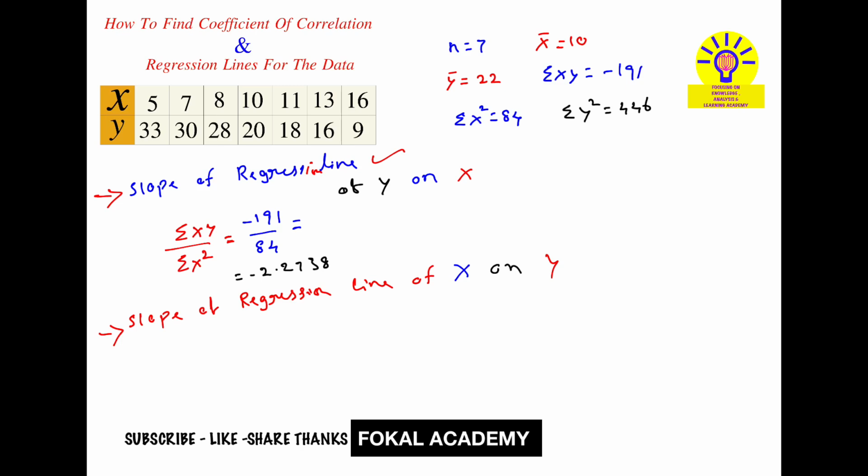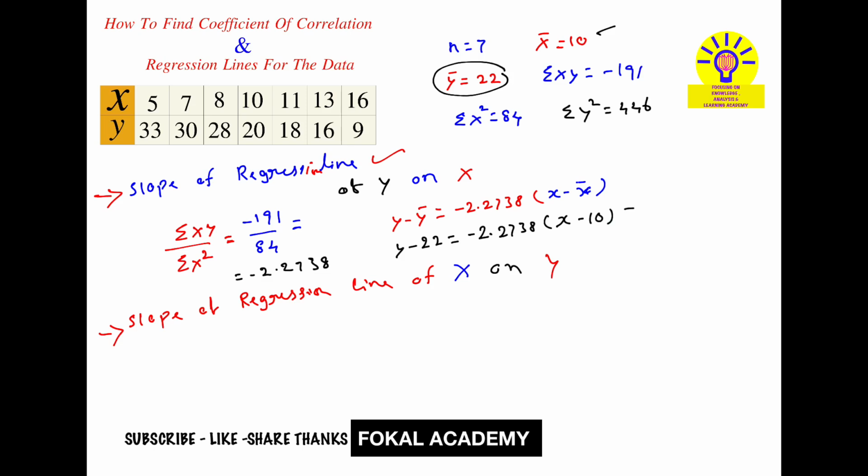Now the line equation is y minus y bar equal to slope, which is minus 2.2738, into x minus x bar. It gives the line equation formula. Now substitute here. So y minus y bar, that is the mean of y data, 22, equal to minus 2.2738 into x minus x mean, that is 10.